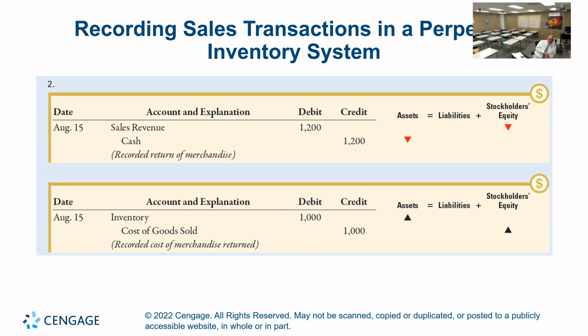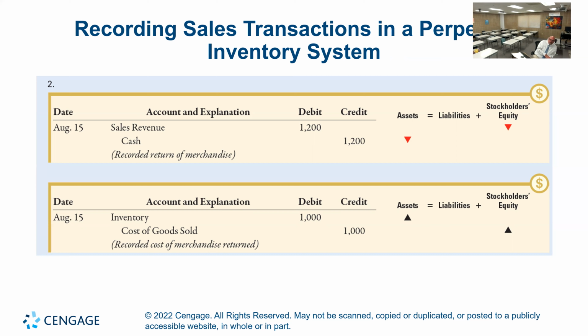And then we need to actually lower our expense. We need to take it out of cost of goods sold since we took it out of revenue. So now we had a gross profit of $2,000. If we think about it, after the return, our sales revenue dropped from 12,000 to 10,800.